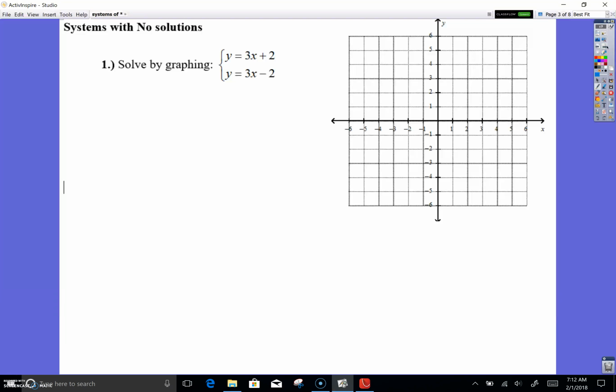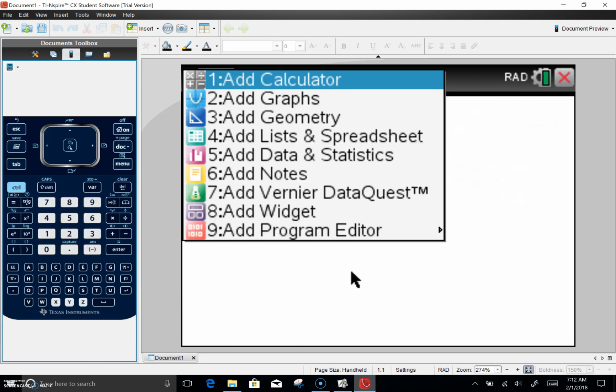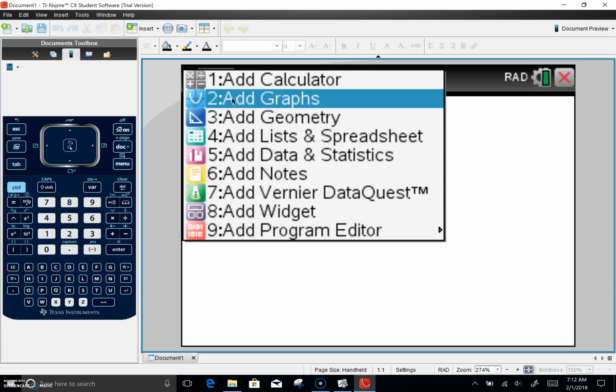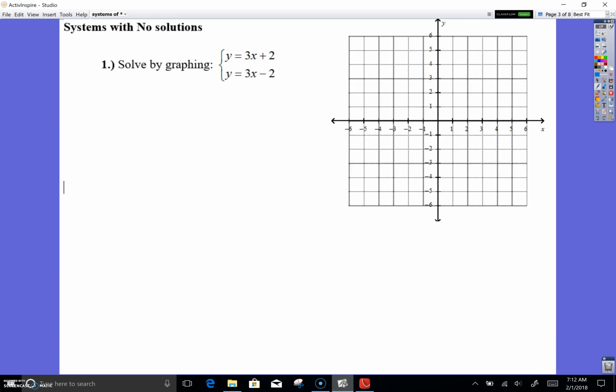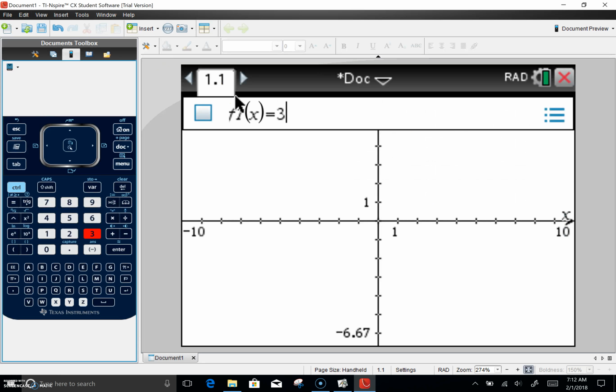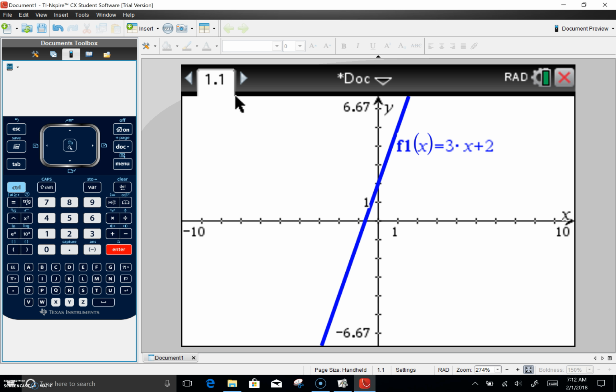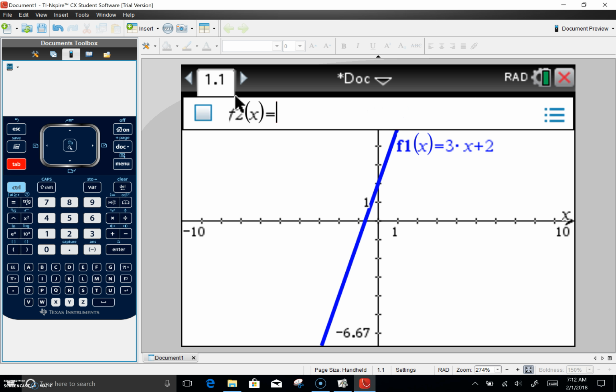Okay, so this is solved by graphing. The way we do this is we just graph it on the calculator. Okay, so I'm adding a graph here. 3x plus 2, enter. Then I press tab to get another graph, 3x minus 2, enter.